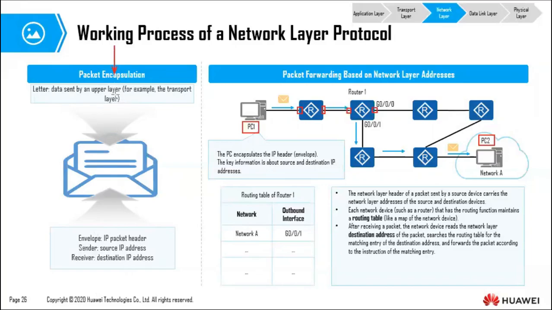So when we receive data from the transport layer, the network layer will receive data from what? The transport layer, right? When we receive data from the transport layer, we are going to put it in an envelope. In that envelope, we are going to address it with what?